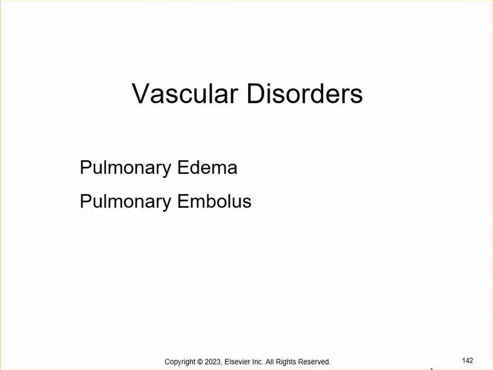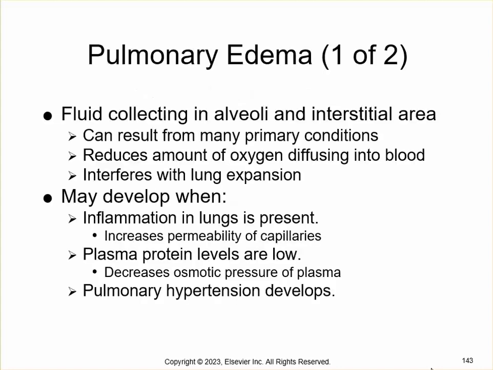Okay, there are lots of vascular disorders that happen in the lungs as well. Pulmonary edema is reasonably common. It's fluid collecting in the alveoli, but also in the interstitium. Lots of primary conditions, lots of things can result in pulmonary edema.